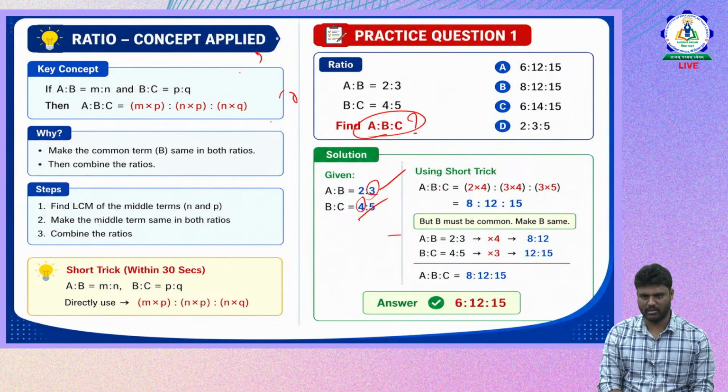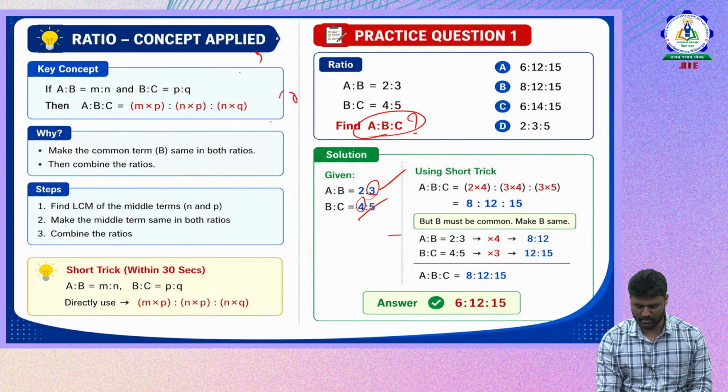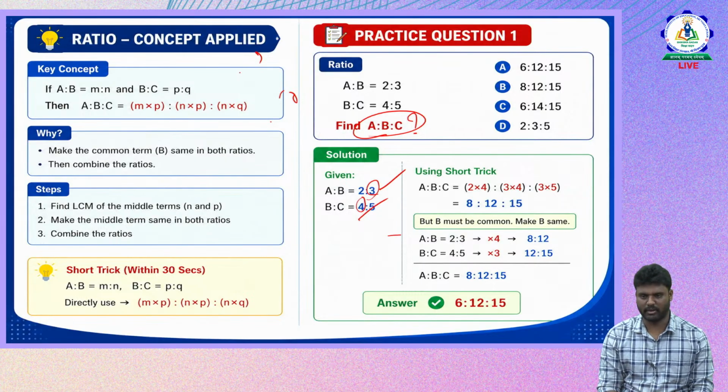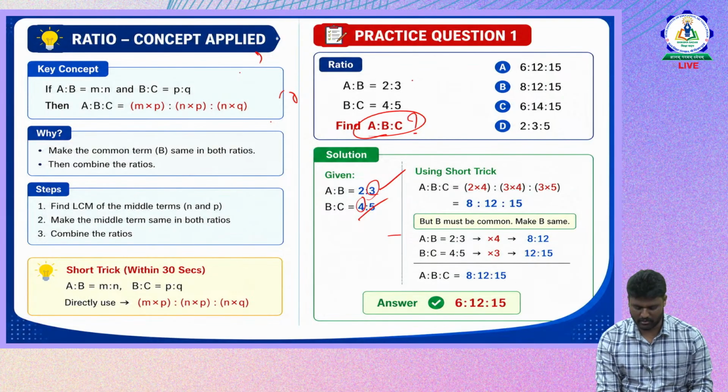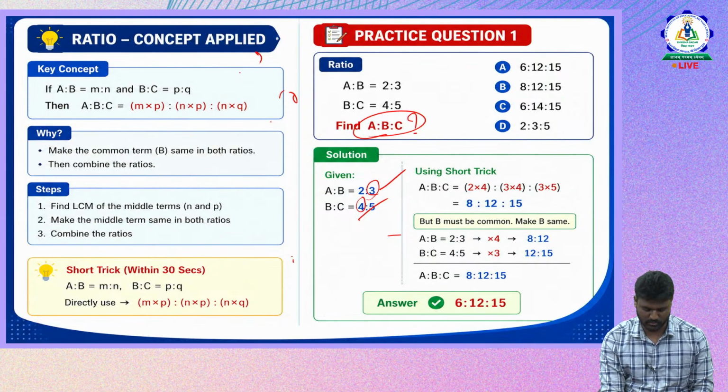So how can we make it? Just by multiplying with 4 we can make it, or we can take the LCM, or just multiply with the given number. For example, A is to B is 2 is to 3. The B value is 3 and the other is 4. If you multiply with 4, it becomes 8 is to 12.